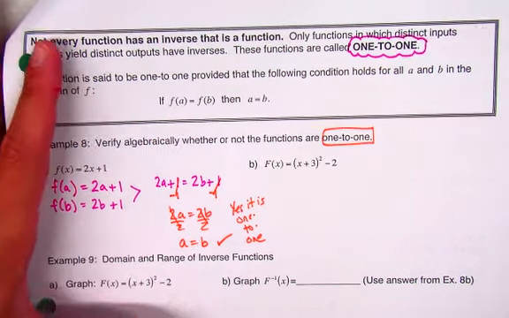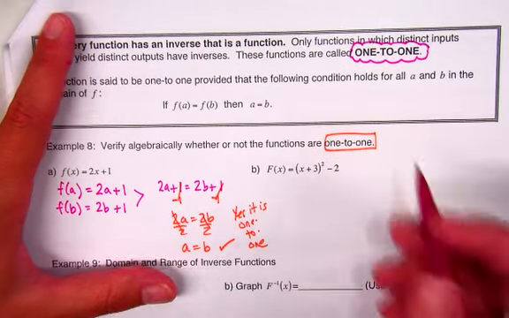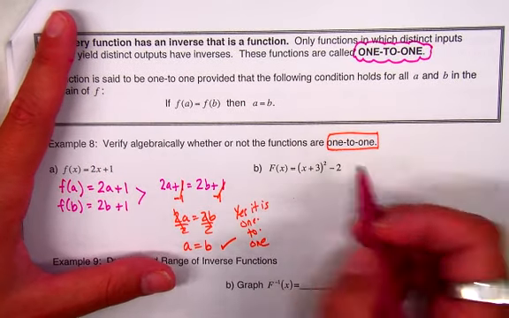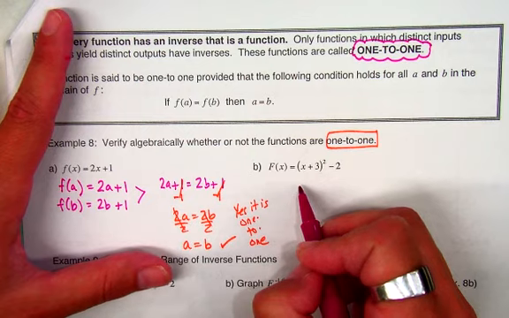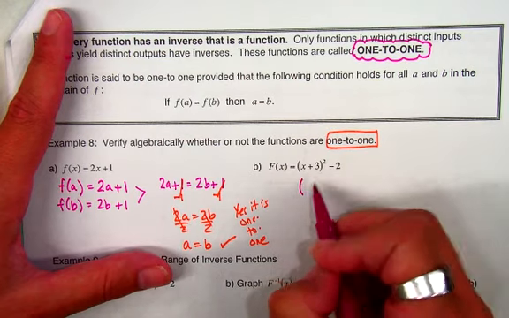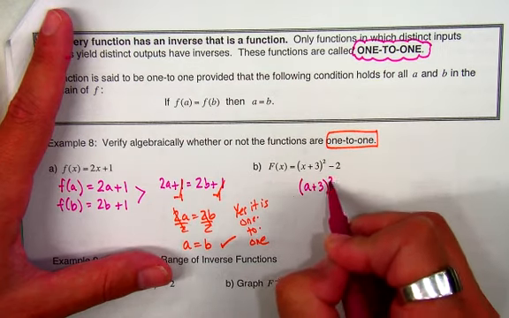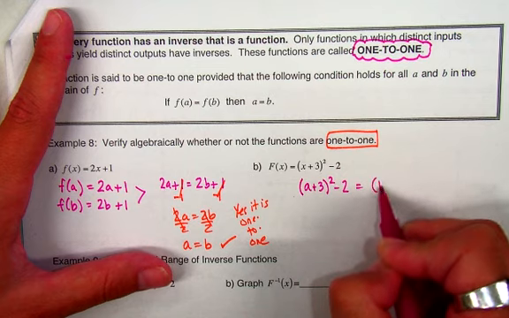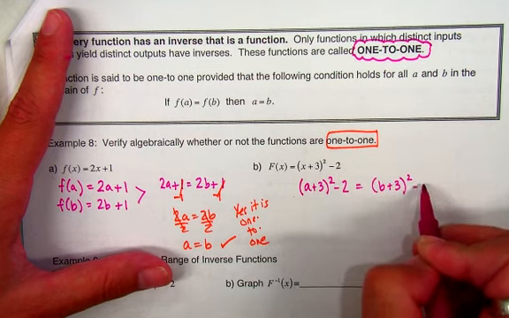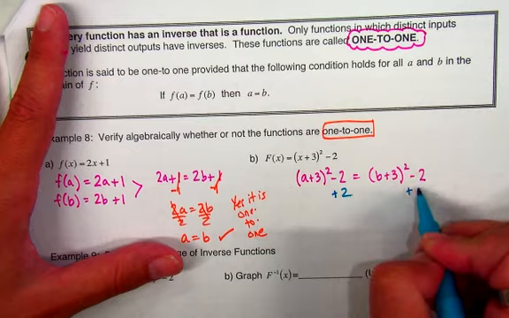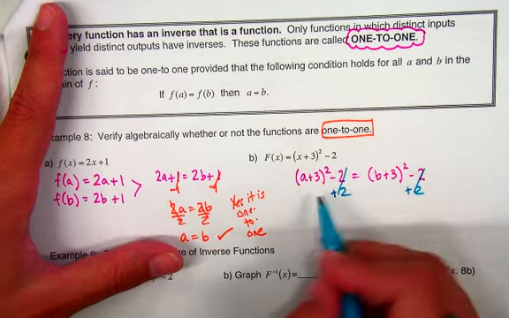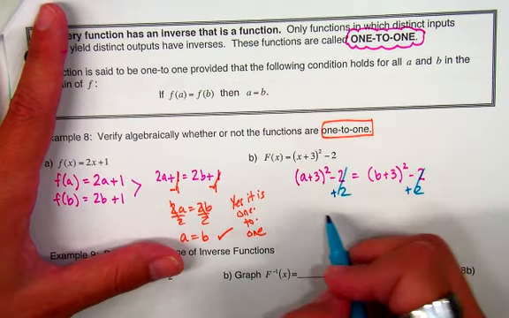This is a parabola. So wouldn't it automatically not work? Well, I don't know. Let's see what happens. Okay, so I just started right away with doing a's and b's here, right?